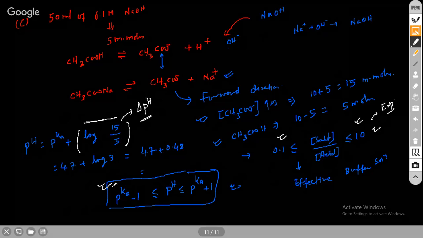Sometimes they ask you this directly. And how do we get this formula? Salt by acid is nothing but this portion. First you put 0.1 here, and then you put 10 here. You'll get pKa minus 1 and then pKa plus 1 as the pH value. Understood?